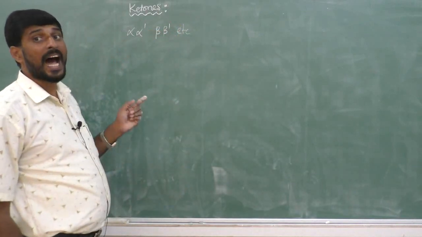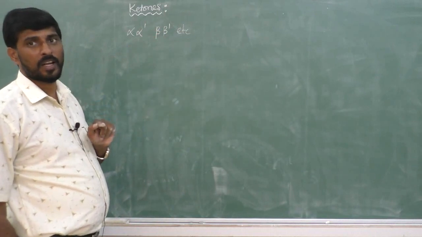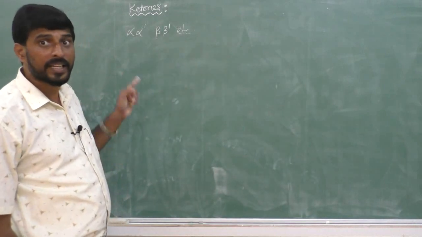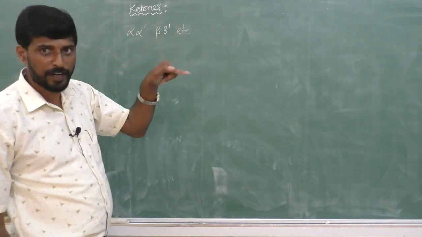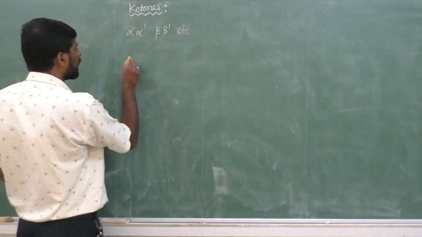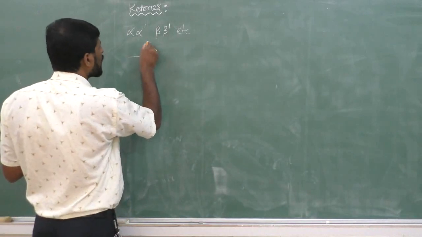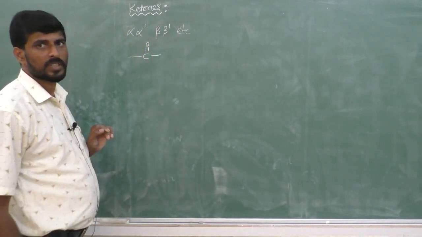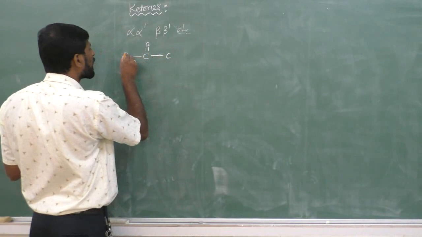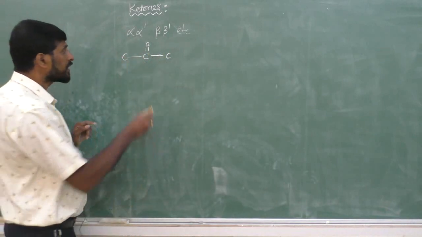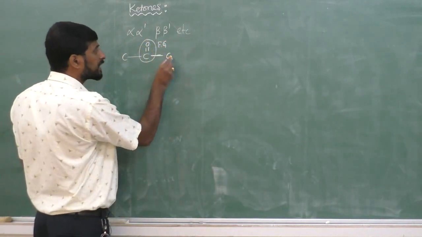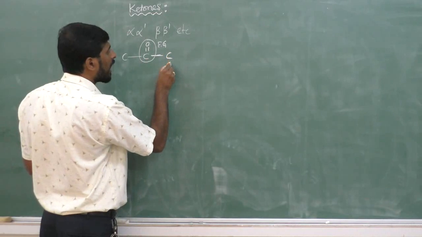Suppose any substituent group is present on the selected parent chain. In order to indicate its position, we use Greek letters: alpha, alpha dash, beta, beta dash, etc. Why alpha, alpha dash? In the earlier case, we used alpha, beta, gamma, delta. But in this case, we use alpha, alpha dash, beta, beta dash. The reason is very simple. This is the carbonyl group, and on either side a carbon atom is present. The next carbon atom from the functional group is alpha.